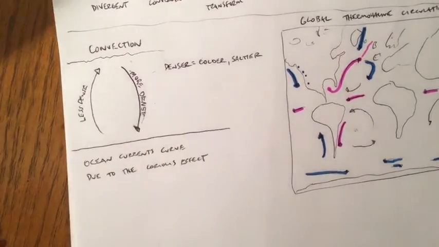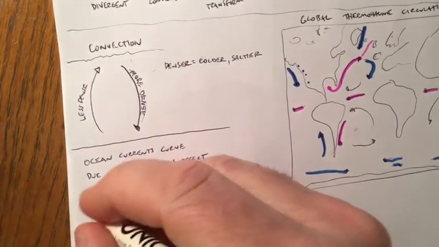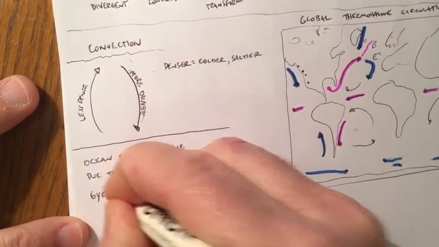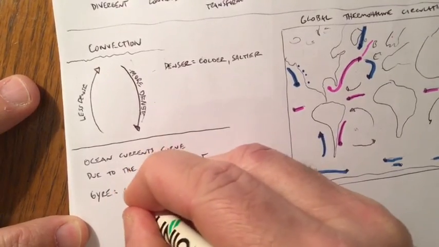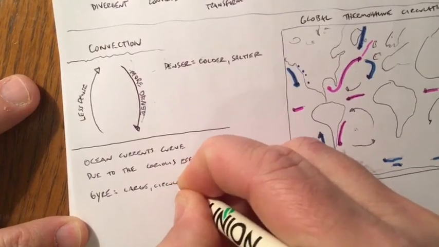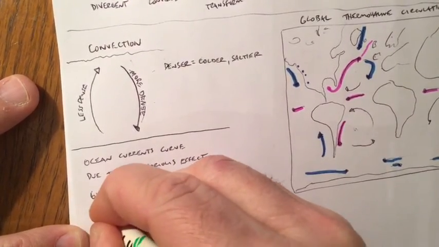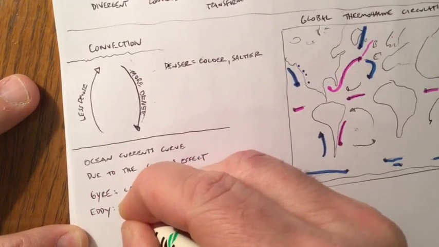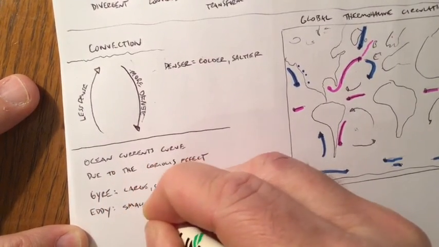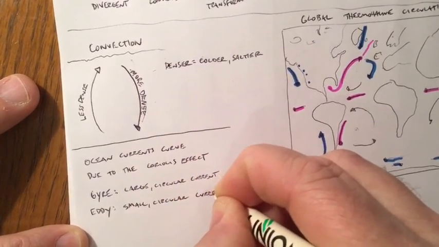Wind currents also do the same thing. It's also important to know that a gyre is a large circular current, and an eddy is a small circular current.